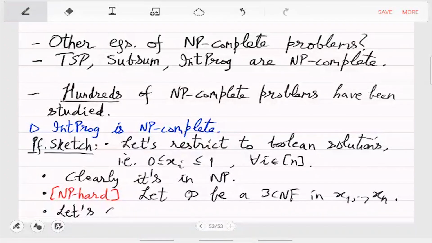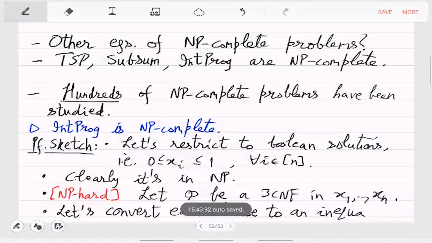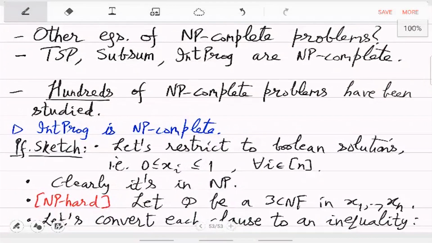So let's convert each clause to an inequality.